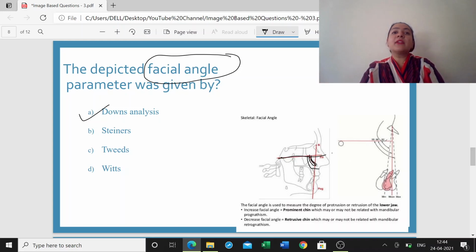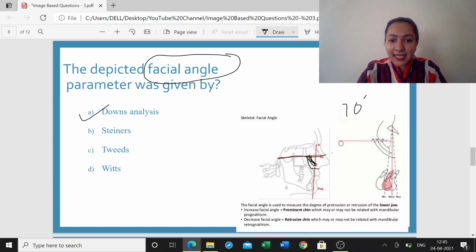If 87 degrees is the normal, and if you get 97 degrees, it means my pogonion is ahead and this angle is increasing, indicative of class 3, indicative of my mandible is moved ahead, my mandible is protruded, right?